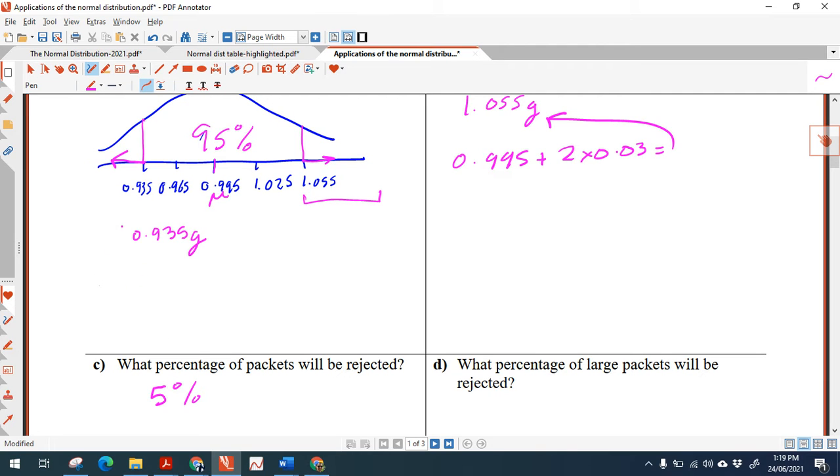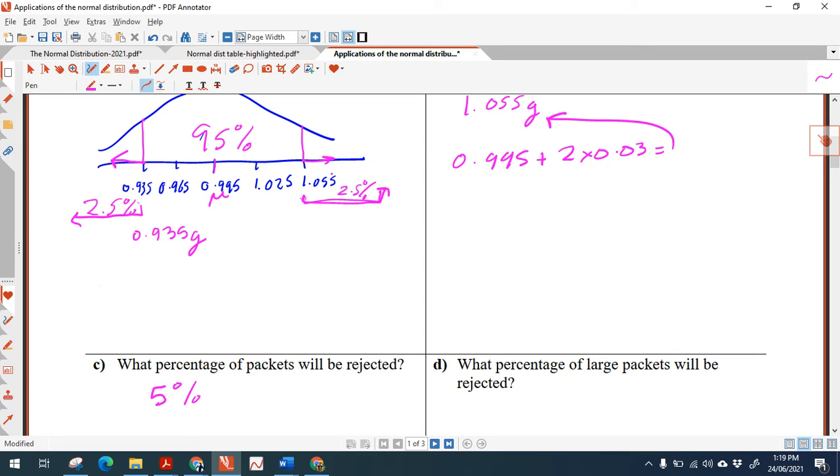So this 5% consists of that section there and this section here, which means because it's symmetrical, this bit must be 2.5% and this bit over here must be 2.5%.